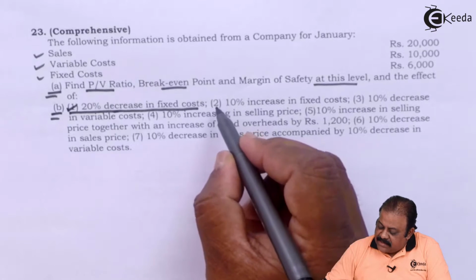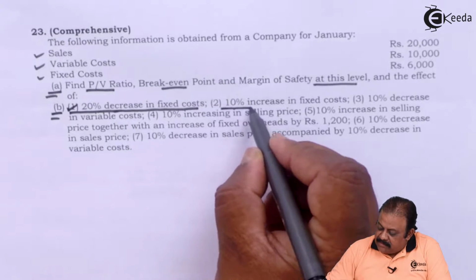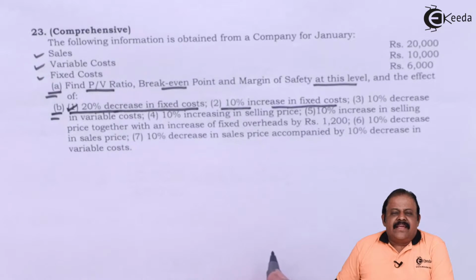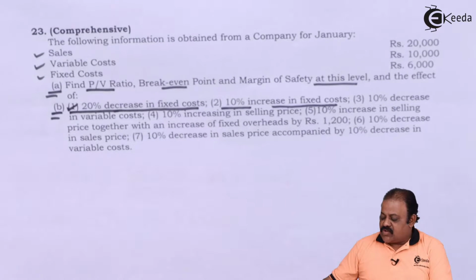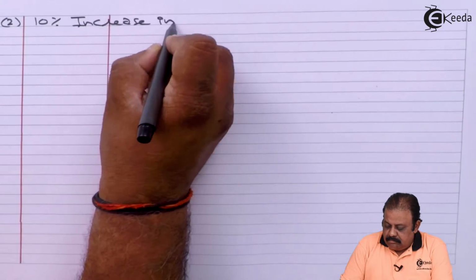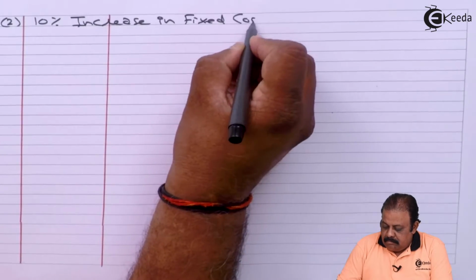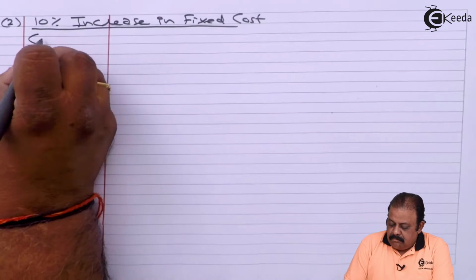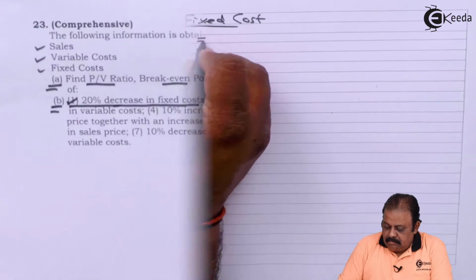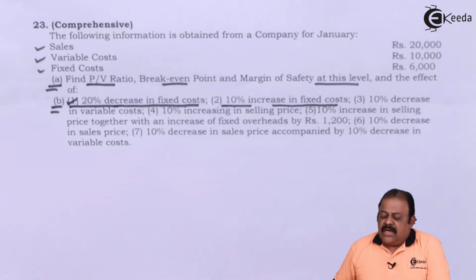Now what does the second part say? 10% increase in fixed cost. Now they are saying about a 10% increase in fixed cost. This we are required to compare with current fixed cost.